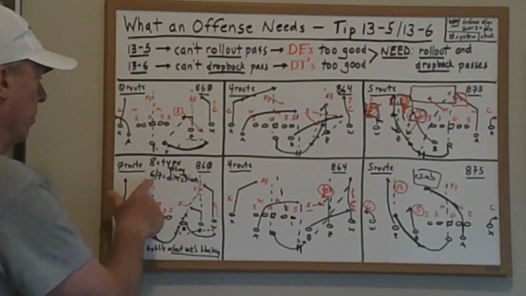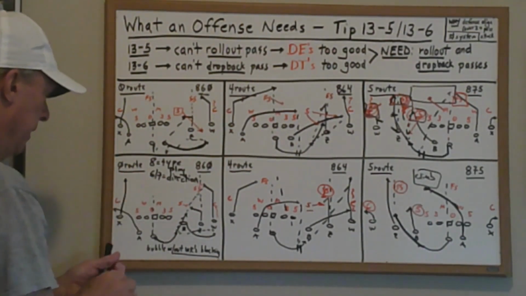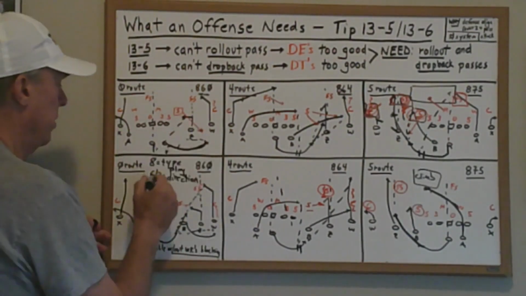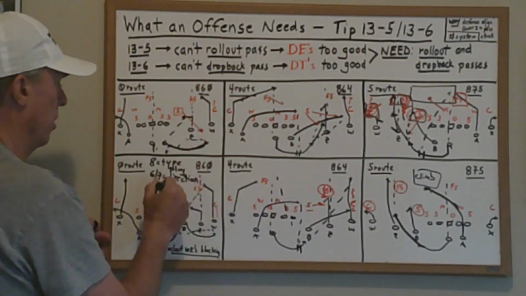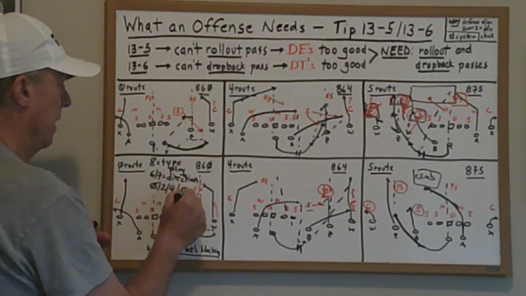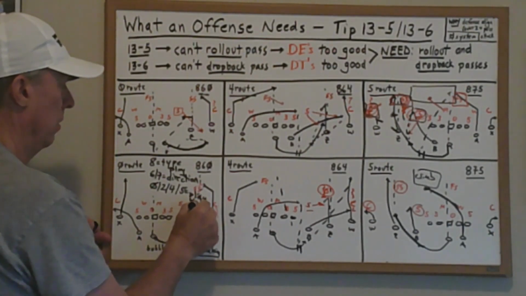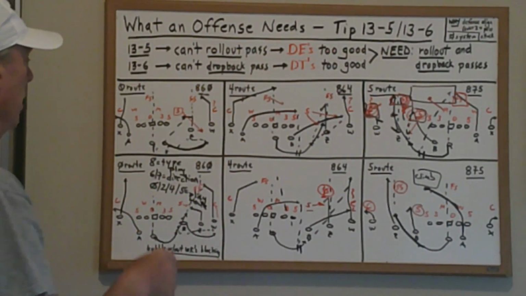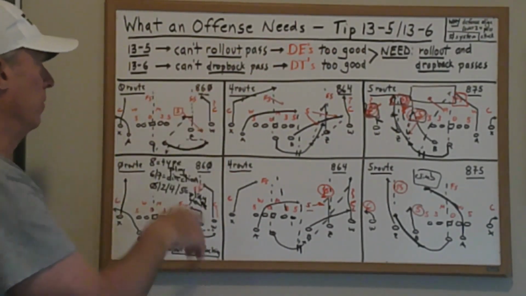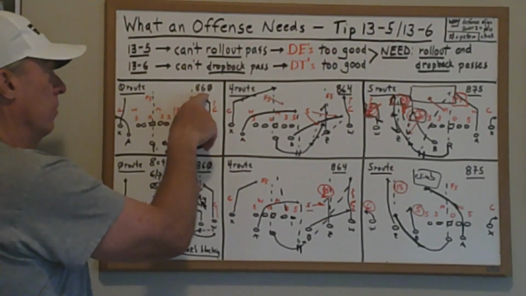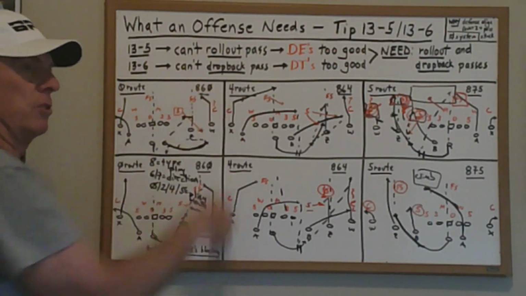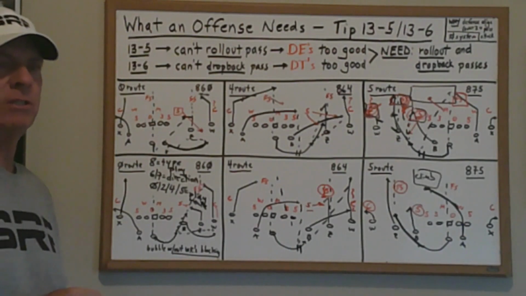The last number, the third number, is the play. In this case, it would be 0, it could be 2, it could be 4, or it could be 5. That's the play or the route combo. Okay? So on 860, we're going to roll out, roll to the right, and run the 0 pass route combination.